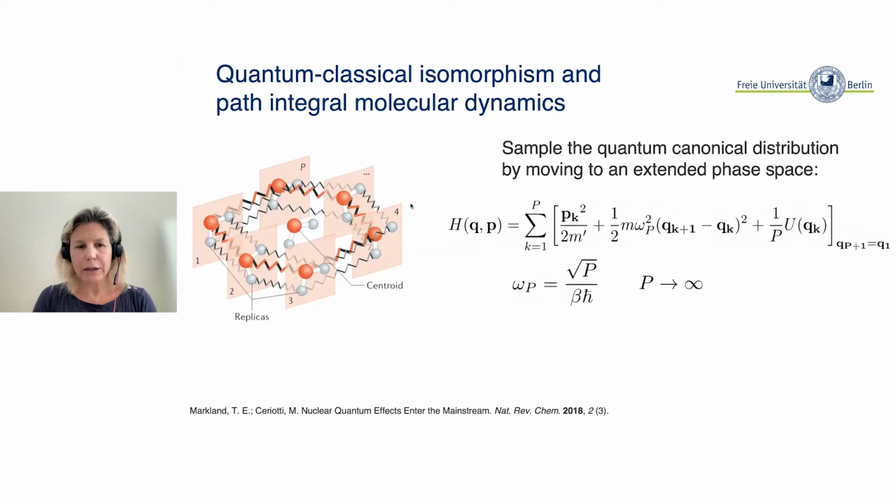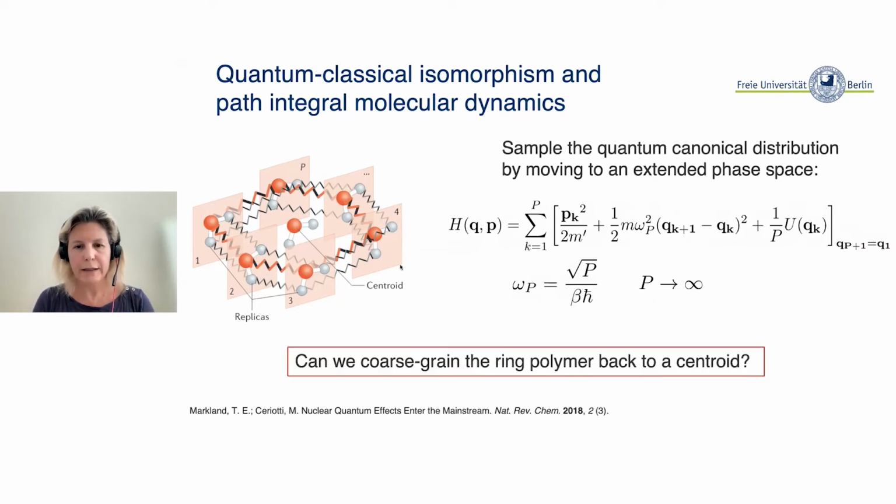However, we thought, this is a polymer, we can coarse-grain it back to a single bead. So we perform an initial path integral simulation with these ring polymers with many beads, and then we coarse-grain it back to one bead, which is going to be a potential that is different from the classical one because it effectively incorporates the quantum nuclear effect.